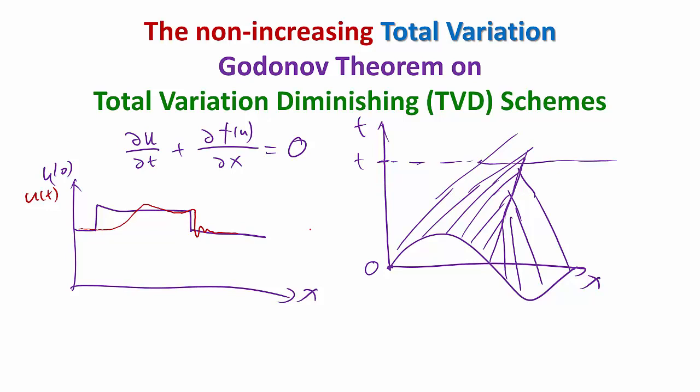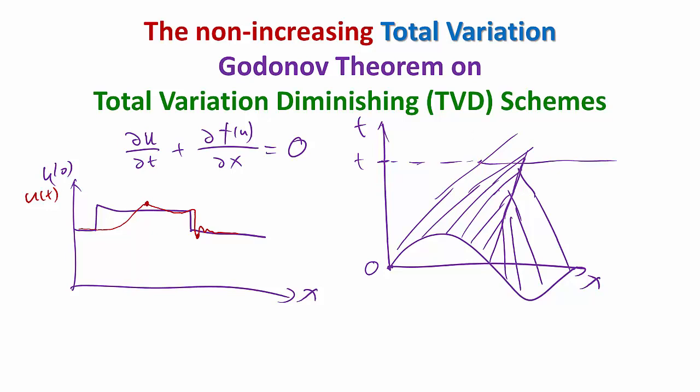We know it is non-physical because of what? We know it is non-physical because we have a solution at time t equal to that value, and we have a solution that is equal to that value. But we know that whatever solution value at time t has should already exist at time equal to 0.